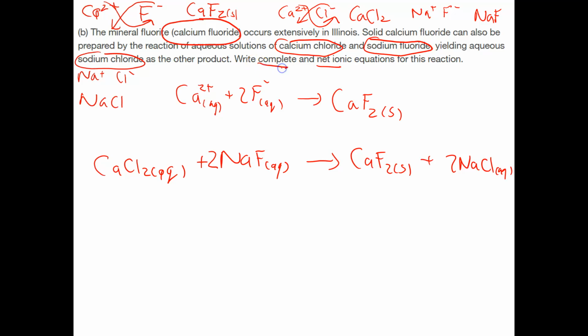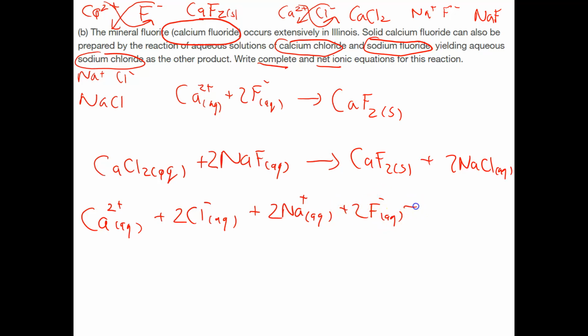To get the complete ionic equation, we have to separate all of the ions out where possible. So anything that is aqueous is going to get dissociated into component ions. So in this case, that's anything other than the calcium fluoride.